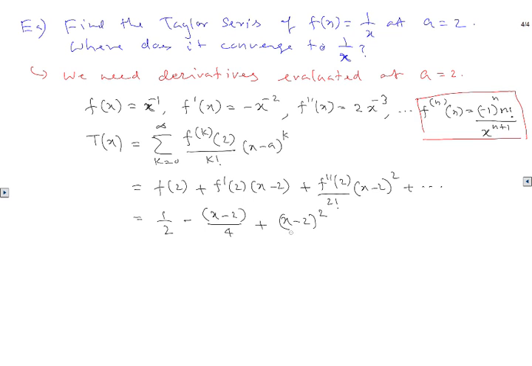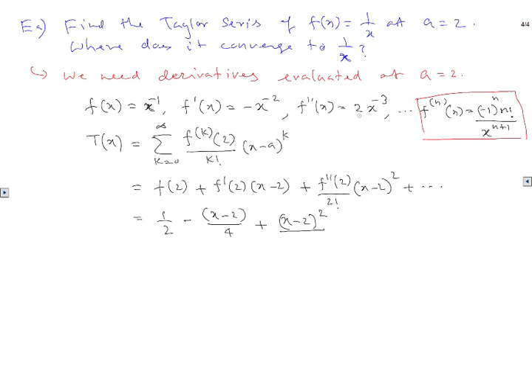And then what's going to happen, there's a 2 here. For the second derivative, you're going to get x to the power, and because x equals 2, when you plug in 2, this goes to x cubed.